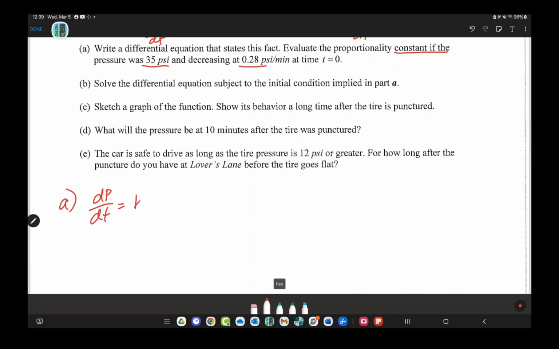Using that dP/dt = kP, negative 0.28 is equal to 35K, which means K is equal to negative 0.28 over 35, which is negative 0.008.